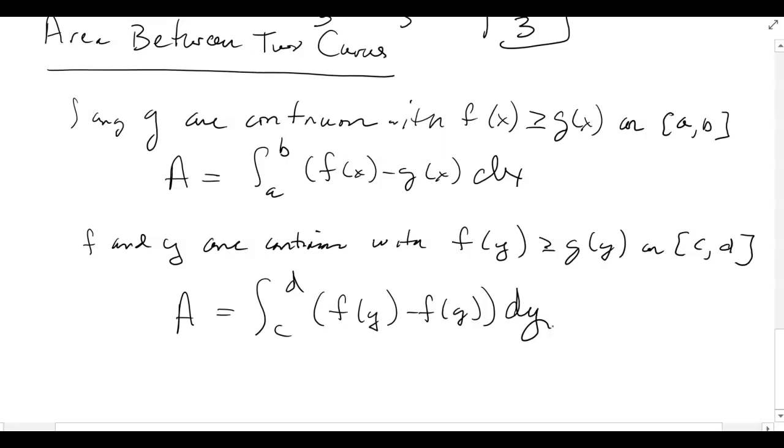So again, sometimes you'll be told, sometimes you will just look at it and be asked to find the area between, and you have to examine the picture.